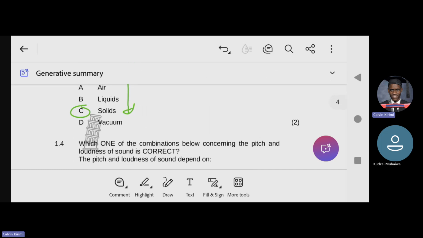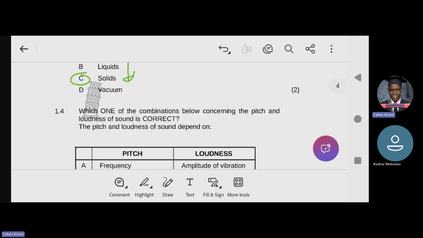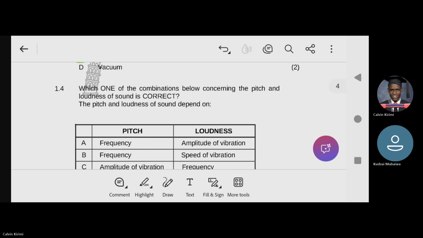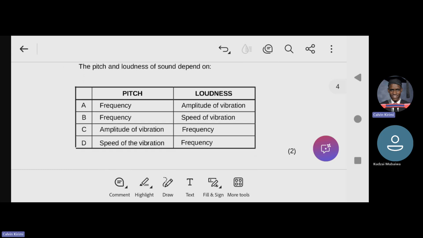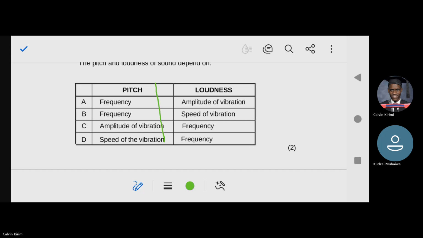All right. Then which one of the combinations below concerning pitch and loudness is correct? Let's compare pitch and loudness. Pitch is the frequency. Pitch is the amplitude of vibration. Pitch is the speed of vibration. Which one is correct along the pitch only here? Let's start on the left side before we go to loudness.